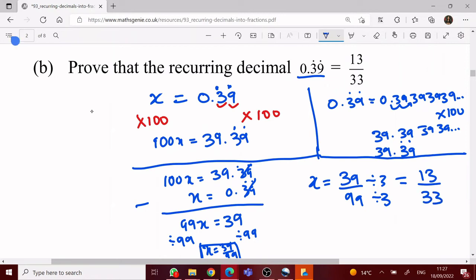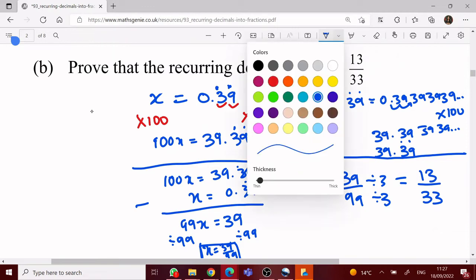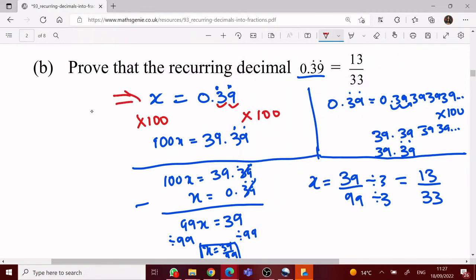And if you remember, in the very beginning, you defined x to be 0.39 recurring, which means now you figured out x to be 13 over 33. So x is equal to 0.39 recurring, which is equal to 13 over 33. Hence, you have proved what they asked you to prove. I hope that makes sense.